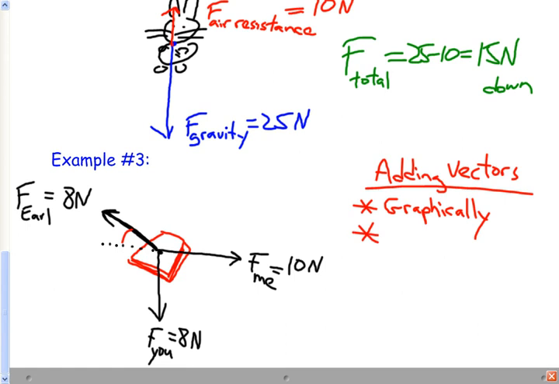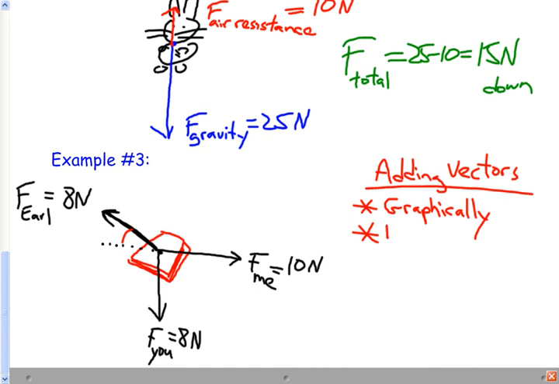Another one is to use trigonometry. Many of you may not have learned much about that yet, but you will eventually. And look at what's called the components of a vector. How much does a vector point in the x direction? How much does it point in the y direction? We can deal with it that way in a pretty effective way.